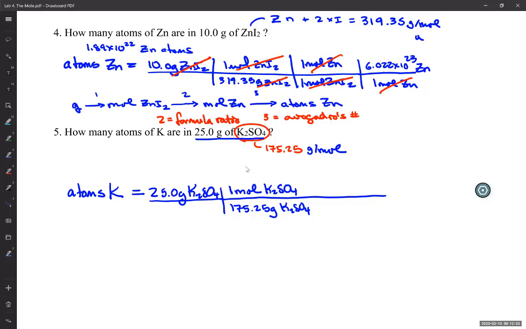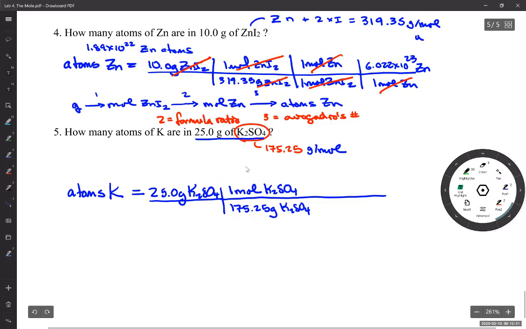In essence, I'm dividing by the molar mass, but I know to do that because I need the grams to cancel out. I want to cancel units, and now I have moles.